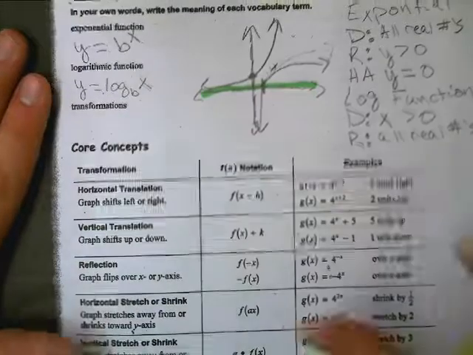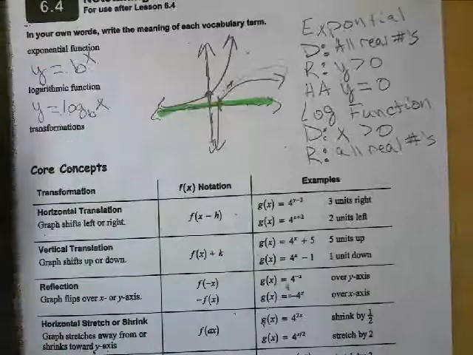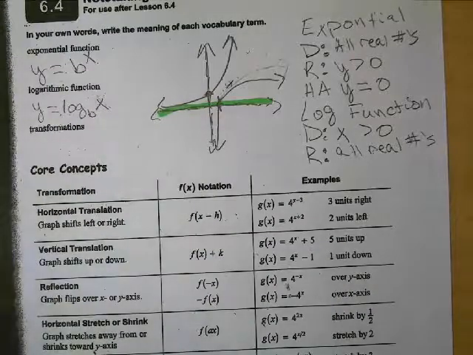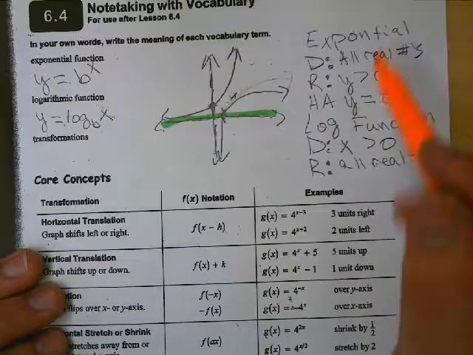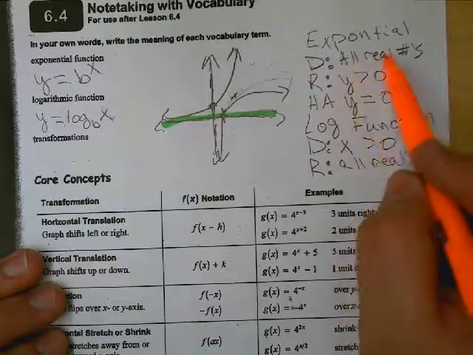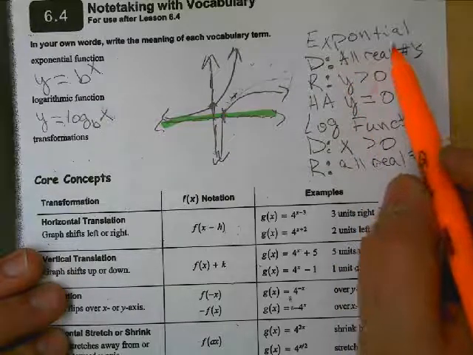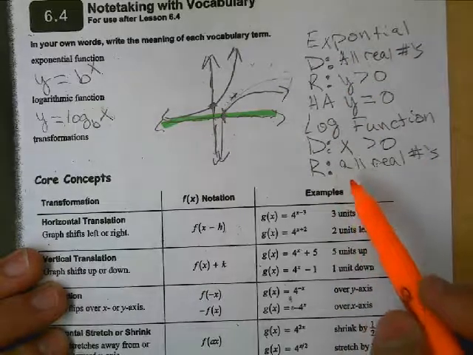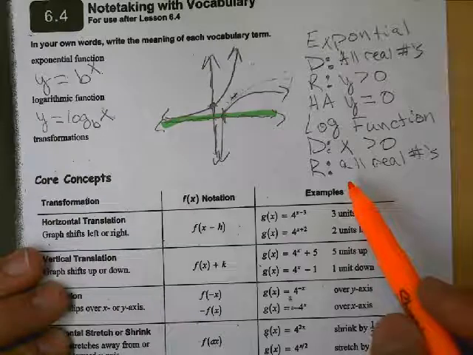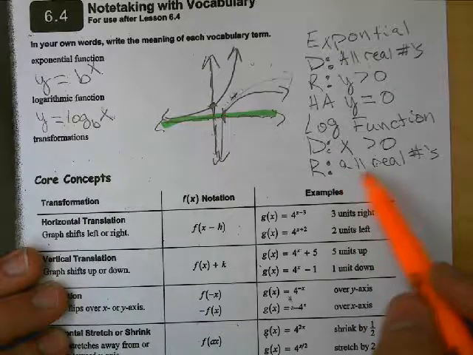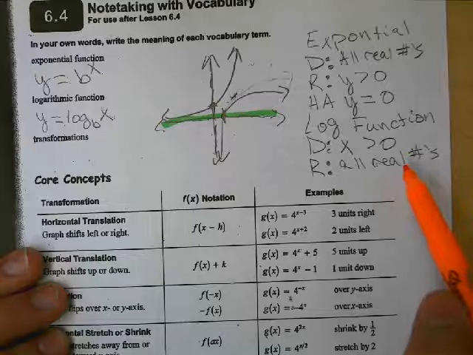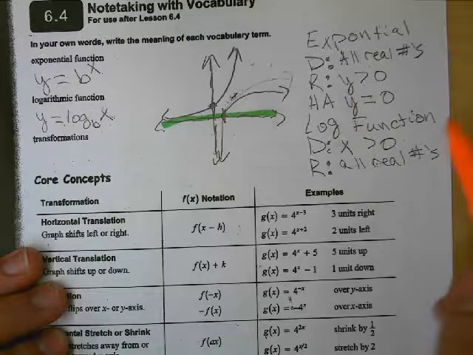Now, if I'm being particularly astute, I noticed that with my exponential functions, my domain was all real numbers, and with logarithmic functions my range is all real numbers. You guys notice how that's kind of flipped.